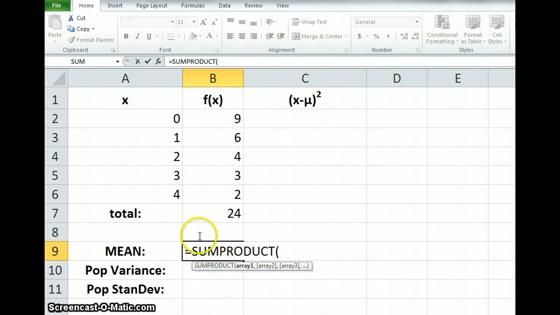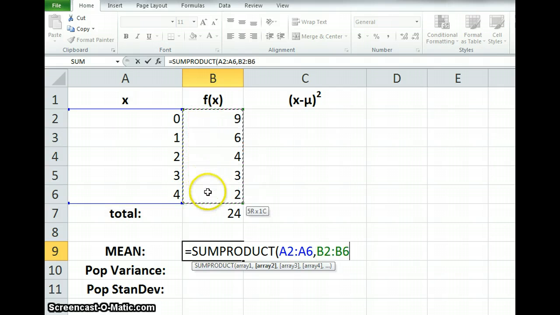And what sum product does is it says take one set of data, so this is my x, and then another set of data, my f of x, and it's going to multiply these numbers across just like I previously described and produce the total number of defects.